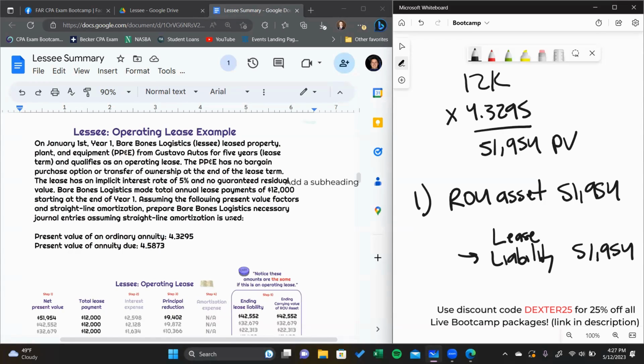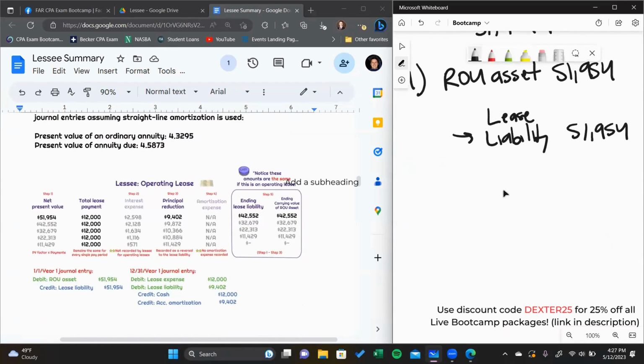And since we're focused on the right, that's more of an intangible thing. And so we record ROU asset, which is right of use asset. And that essentially captures the future benefit associated with the right we have to direct the asset as we see fit. So that's the initial journal entry.